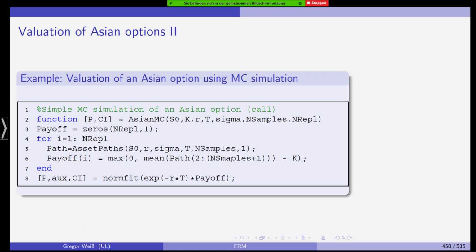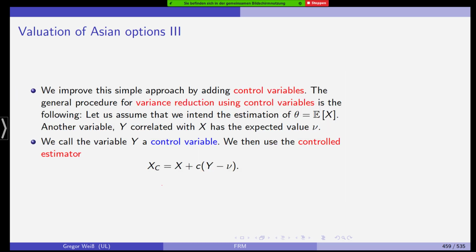Then for each simulation we take the asset path with S0, r, sigma, T and samples and 1, and then the payoff is what? We simulate the asset path and we take the mean of each simulation run minus the strike, or 0, and we get the payoff. Then again we take the payoffs, discount them, and fit a normal distribution to it, and we get the Asian option priced.